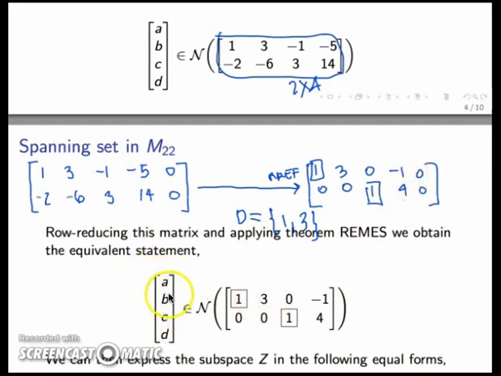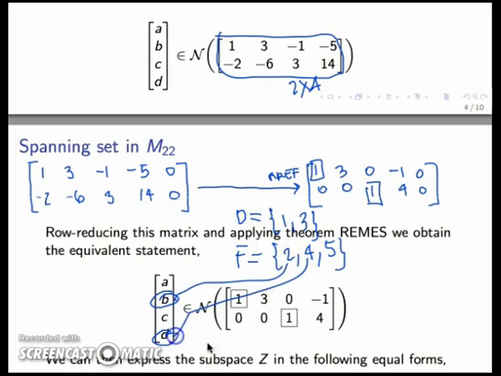So here the set F contains 2, 4, and 5, but the variables in positions 2 and 4 are the ones considered the free variables, and therefore we would consider A and C as the dependent variables.